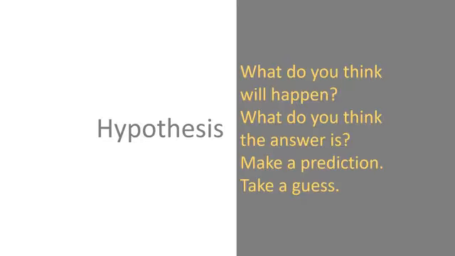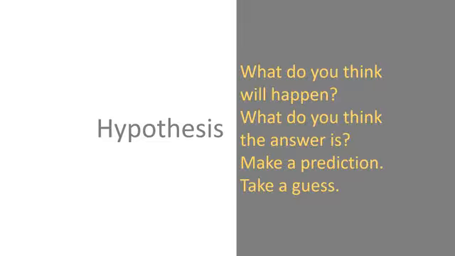Next is your hypothesis. A hypothesis is a prediction, it's a guess. What do you think will happen? What do you think is the answer to the question that you just asked? Now, two very important things. Number one, because this is a prediction on the result, you have to give your hypothesis before you conduct the experiment.